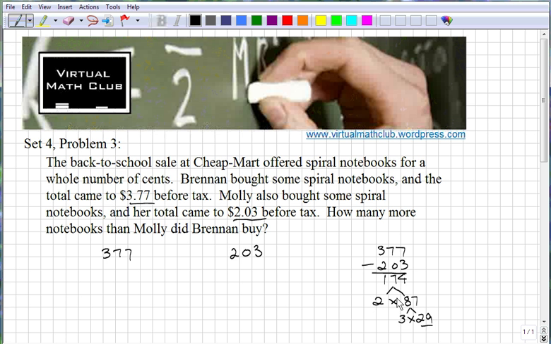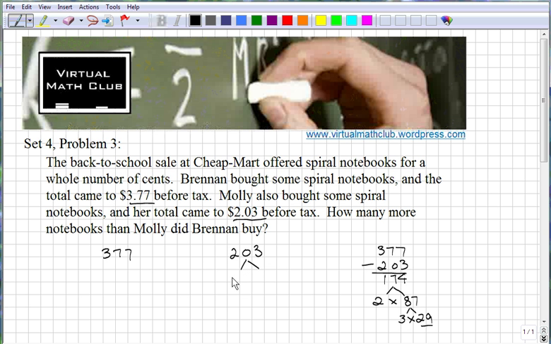So let's take a look at these other ones and see if we can figure out the factors of them. So let's take a look at 203. I like it because it's small. We'll do the smallest ones first. They're a little easier sometimes to factor. So again, we can just go through the prime numbers. Is it divisible by 2? No. 3? Well, the digits add up to 5.